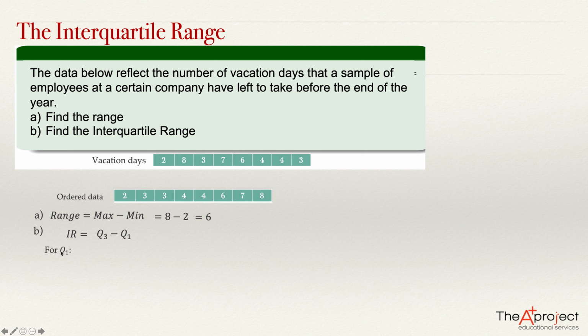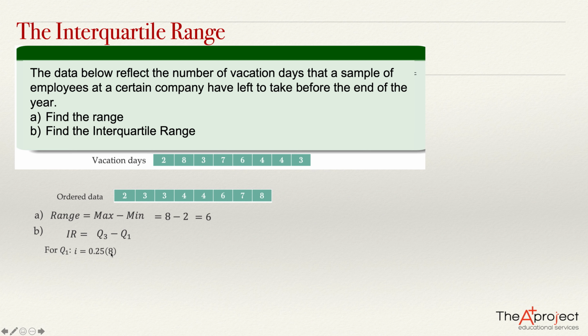Let's see, the index I for Q1 will be, remember, 0.25. Remember, the quartile 1 has 25% of the data, at most 25% of the data are below Q1. So we're going to write I equals 0.25 times 8. 8 is the size of the sample.